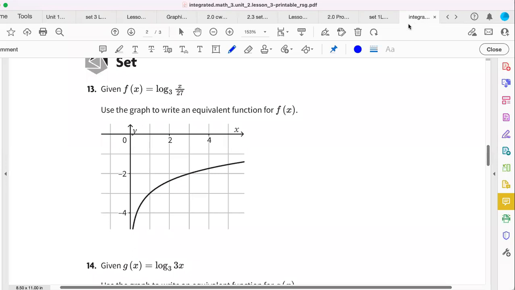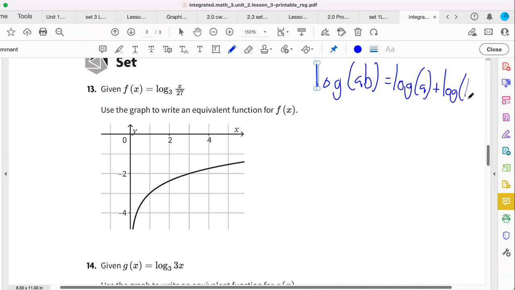Yo, these are so fun in the set. You have some type of log that's given to you, and you're just trying to find other ways that you could express what's happening. We saw in the classwork that if we have log of 2 terms multiplying, we can separate them and say that it's log of A plus log of B. This is a property you should be very familiar with and almost memorize at this point.